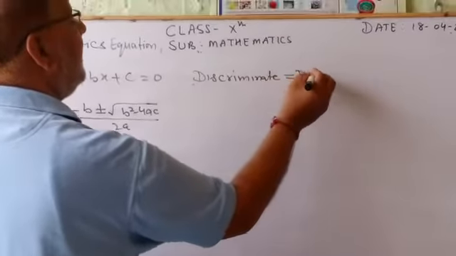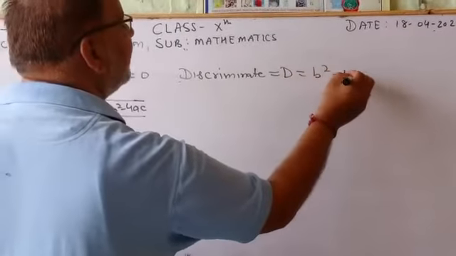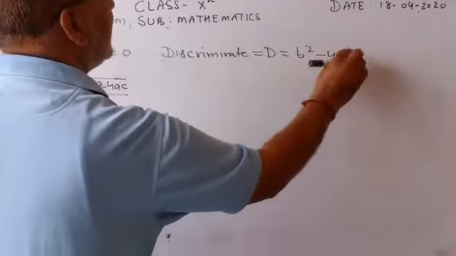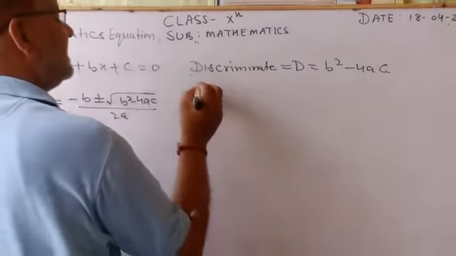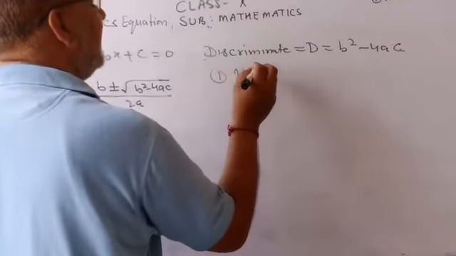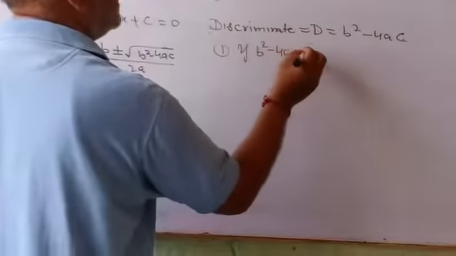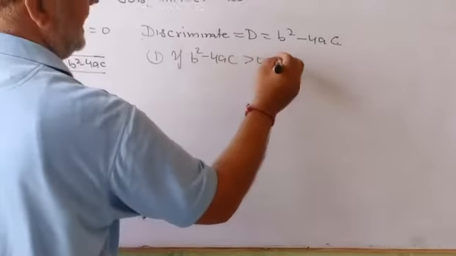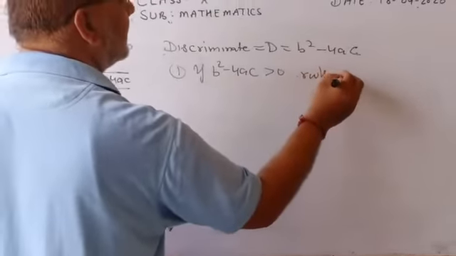Also we write down D equals b square minus 4ac. We check the conditions. If b square minus 4ac is greater than 0, then we write down roots are real.